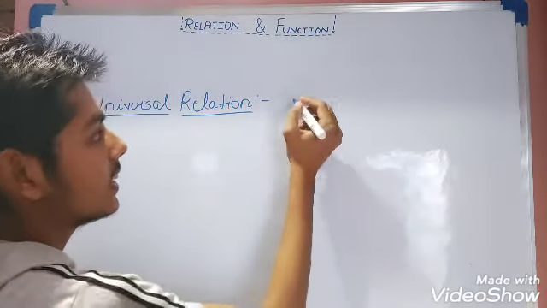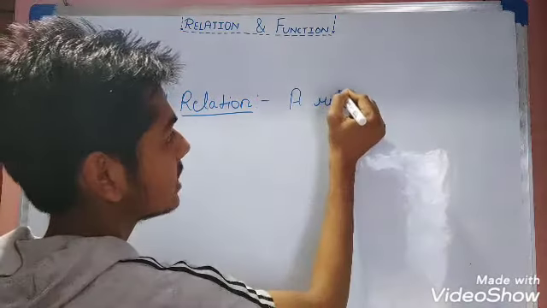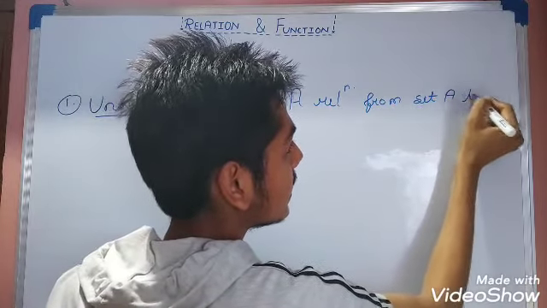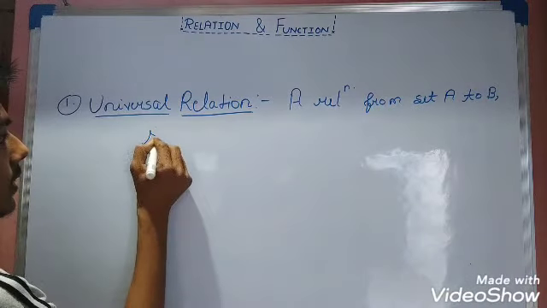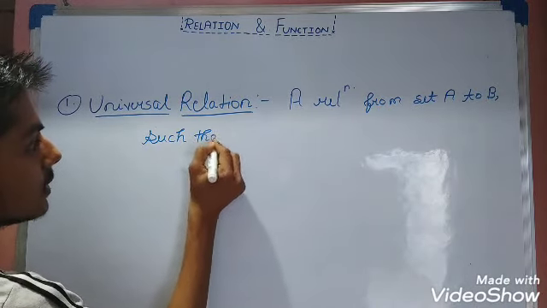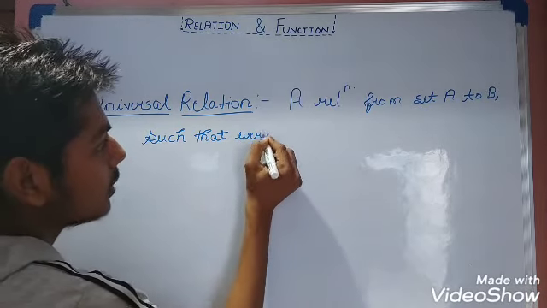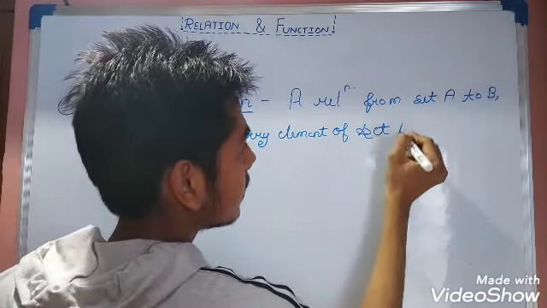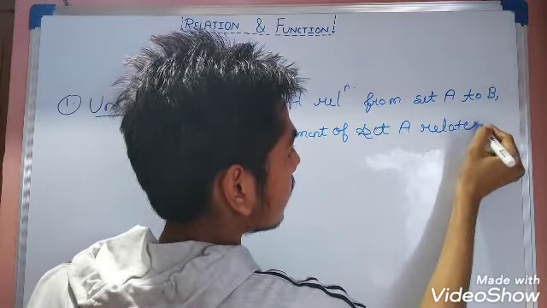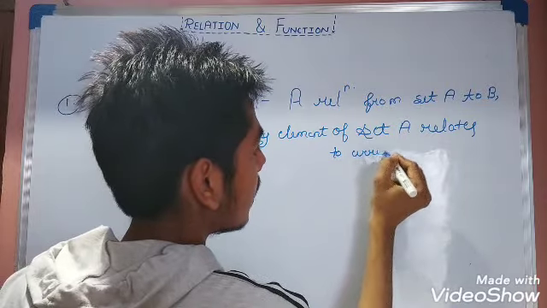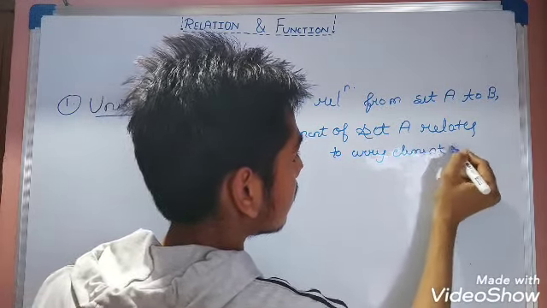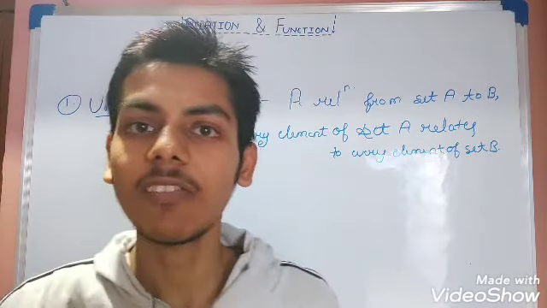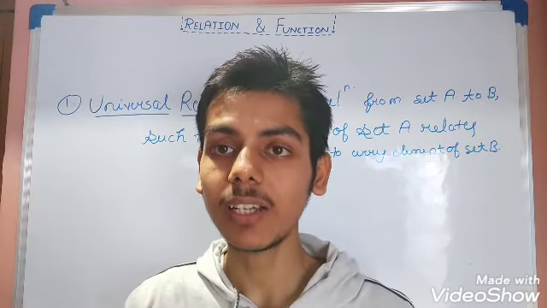A universal relation can be defined as a relation from set A to B such that every element of set A relates to every element of set B. So in universal relation, every element of set A is related to every element of set B.